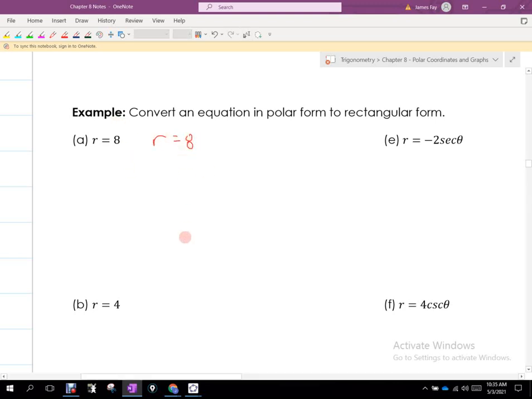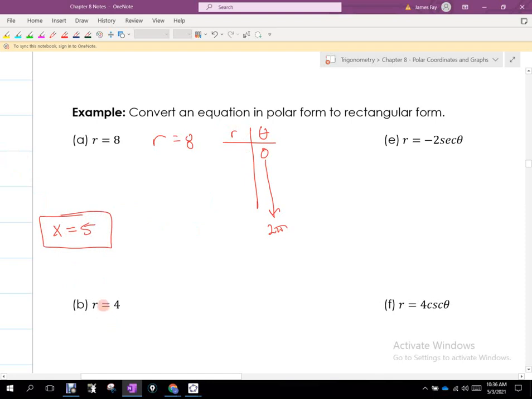Do I tell you what theta needs to be or any way to develop theta? No. So what's that telling me about theta? Theta is going to oscillate between 0 and 2 pi. It can be anything. It'd be like me saying, let's say x equals 5 in rectangular form.